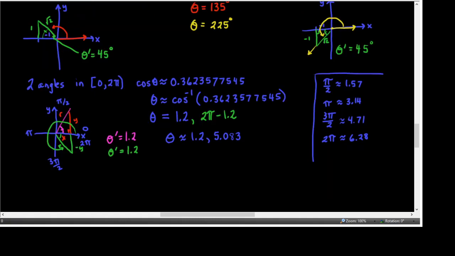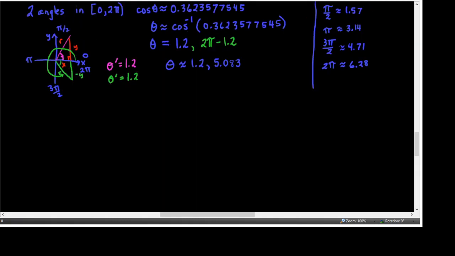And by the way, as a double check, 3 pi over 2, which is before that angle, is 4.7. And then after that comes 5.08. And then after that, when you get all the way around, that's 6.28. That 5.08 where we drew it makes sense. It's not drawn perfectly, of course, but it makes sense.